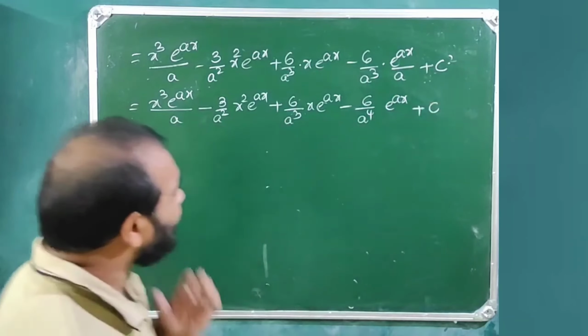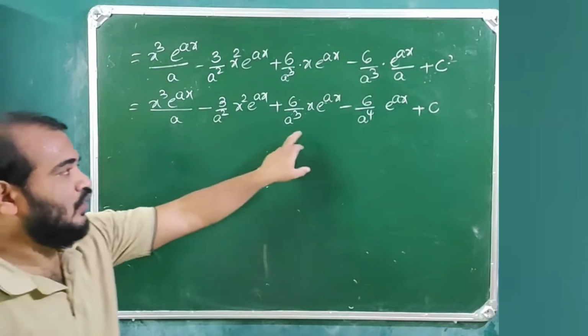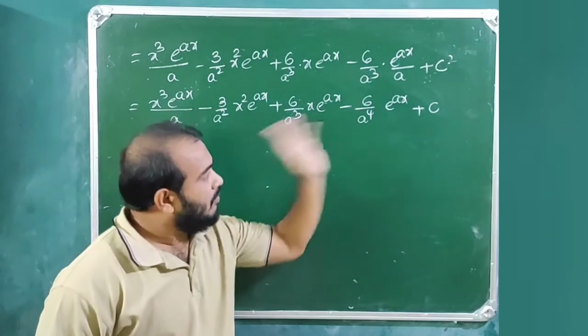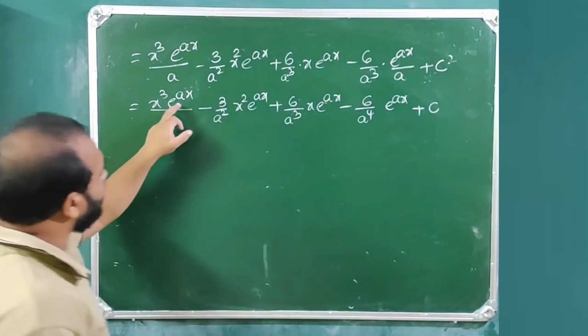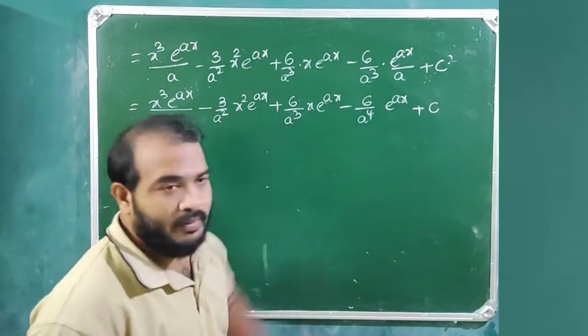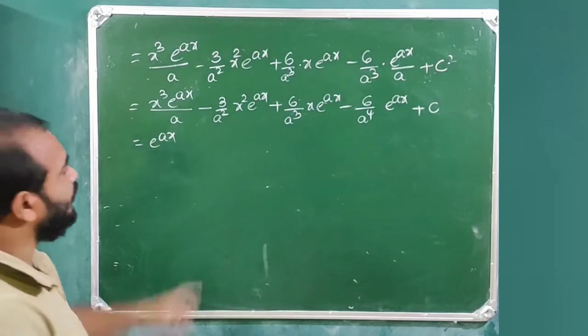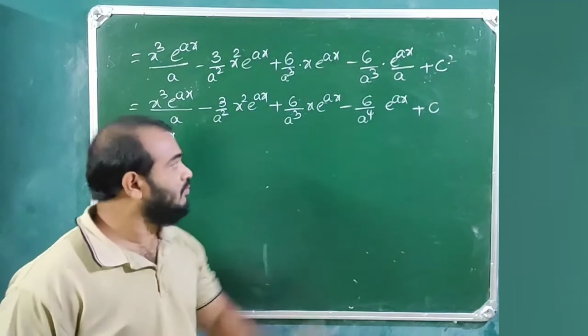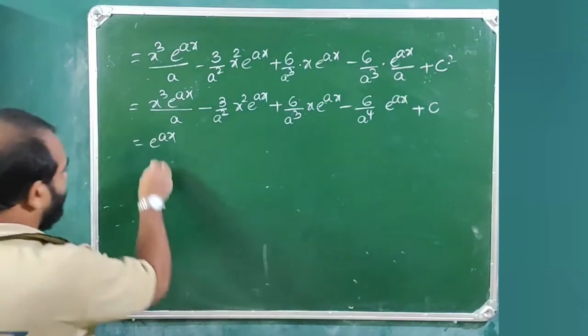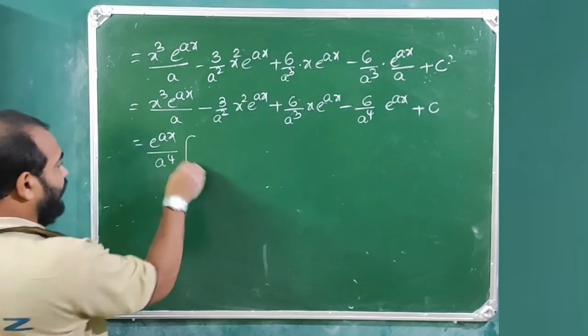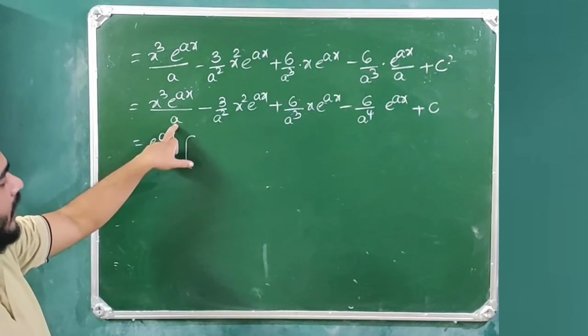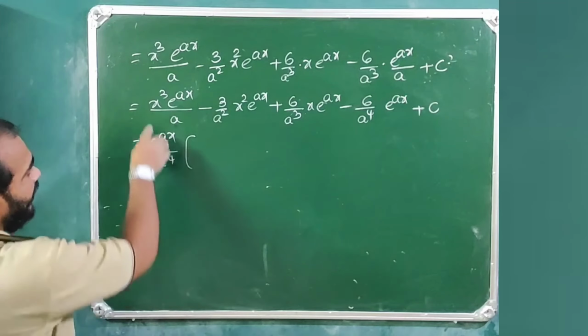Now, so a square, a cube, a power 4. The LCM is a power 4 and in everything e power ax is to be common. So let us take e power ax to be common in each term by a power 4 is the LCM. Then we'll get a power 4 by a is a cube, so a cube into x cube.